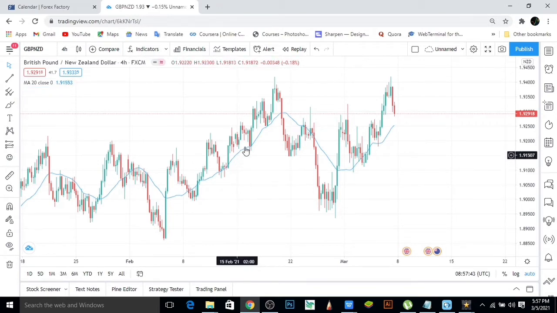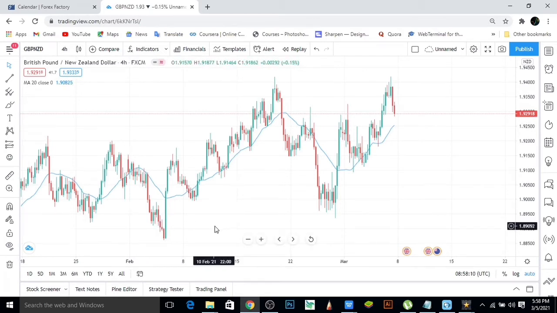So it has adjusted the period of average it is calculating. So it is taking the average for the last 20 candles now, unlike before when it was 9. So you can adjust your moving average to suit whatever taste you want.